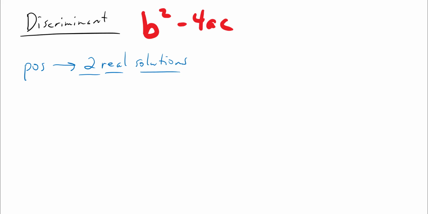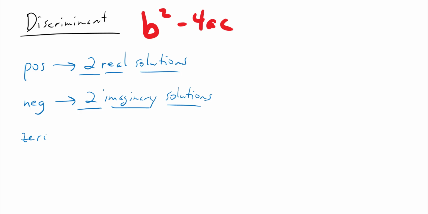If the number comes out to be negative, you're going to say two imaginary solutions. Those exact words. And if it's 0, you're going to say one real solution.